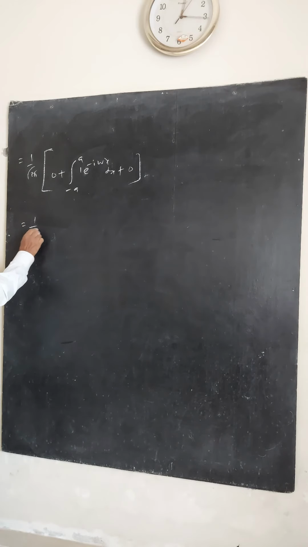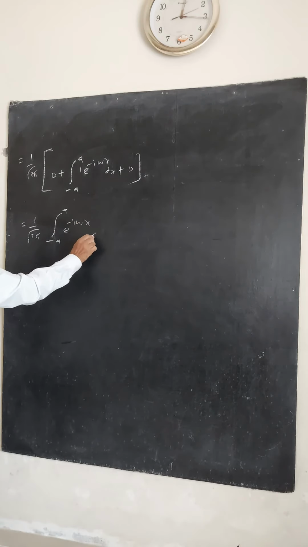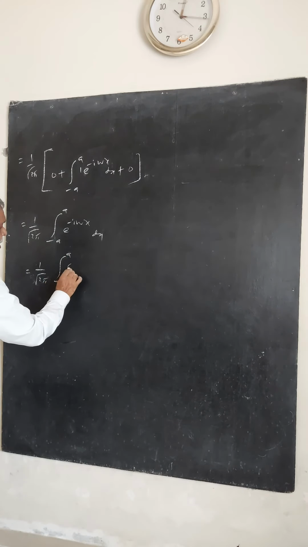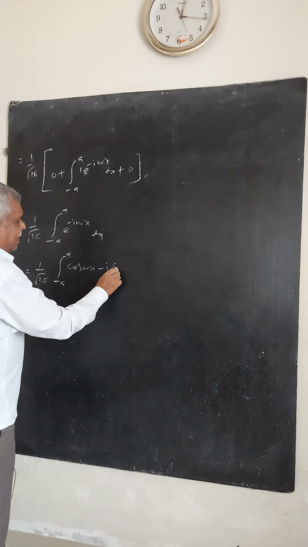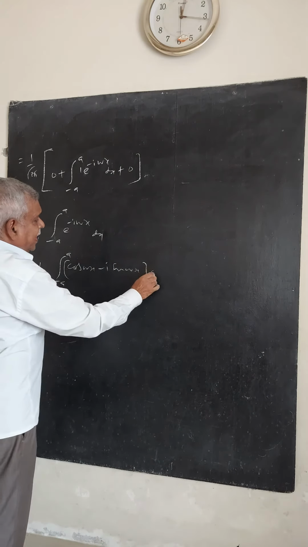Equal to 1 by root of 2 pi integral minus a to a e power minus i omega x dx. See, 1 by root of 2 pi integral minus a to a of cos omega x minus i sin omega x dx.